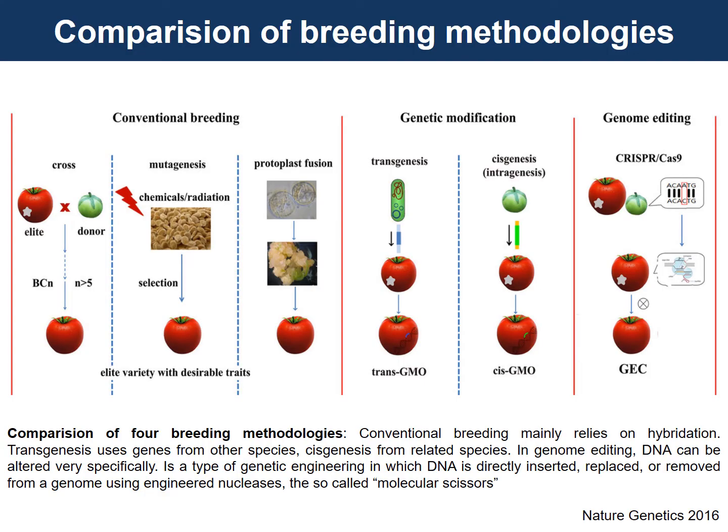Comparison of four breeding methodologies: conventional breeding, genetic modification, and genome editing. Conventional breeding mainly relies on hybridization. Transgenesis uses genes from other species, cisgenesis from related species.